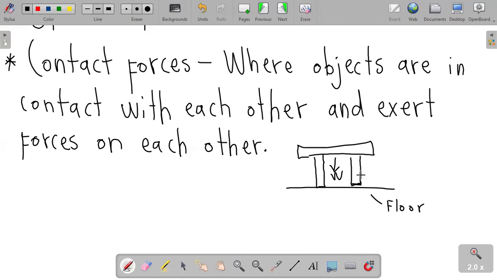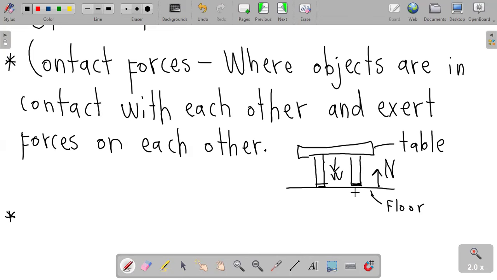There's the weight of the table that is being exerted on the floor. And the floor will also exert a normal force. So these are the two objects here, the table and the floor, and they are exerting forces on each other.